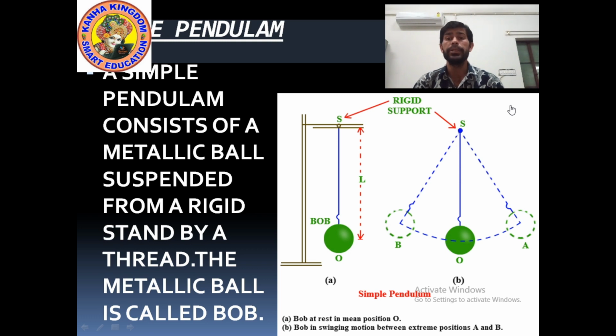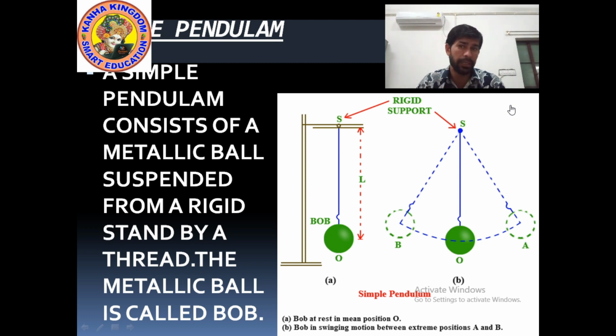A simple pendulum consists of a metallic ball suspended from a rigid stand by a thread. The metallic ball is called bob. Generally, we use an iron ball.